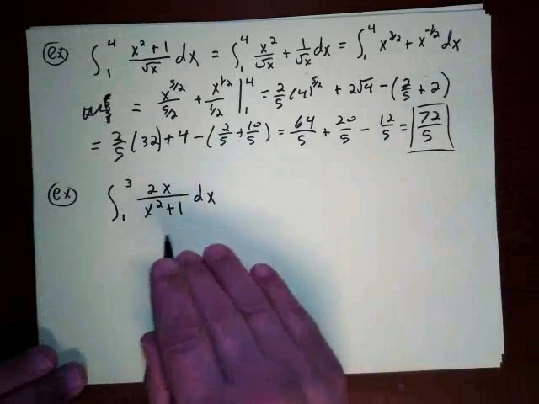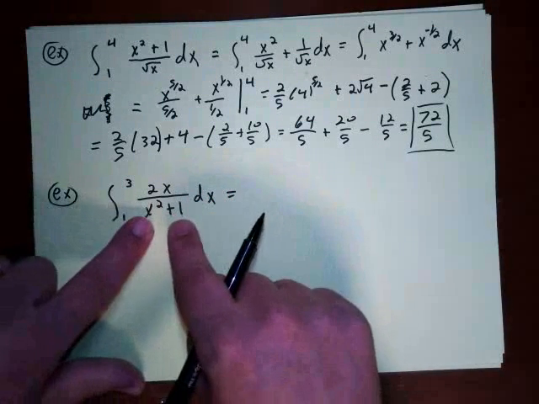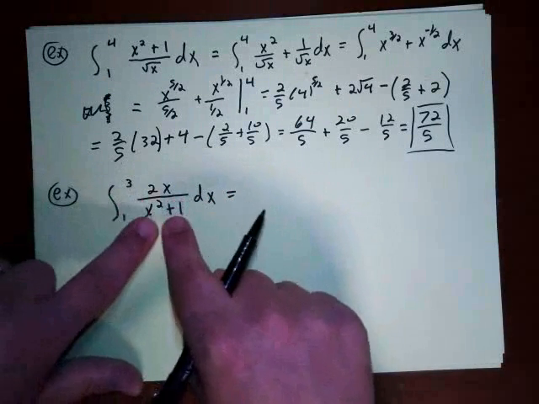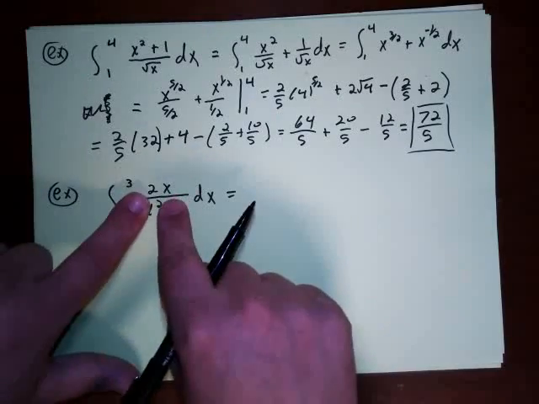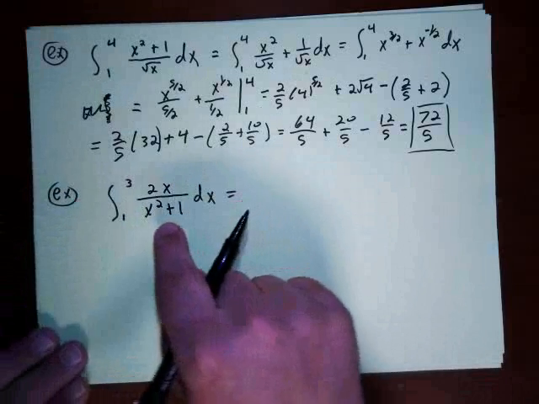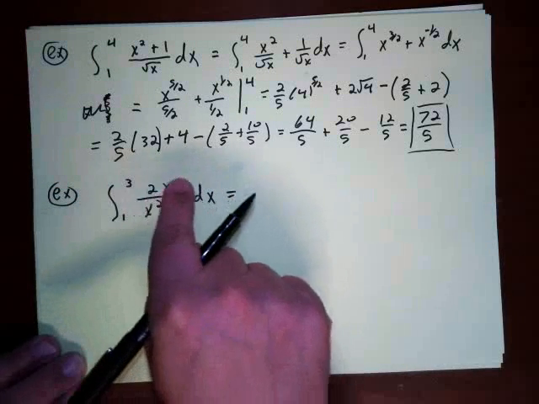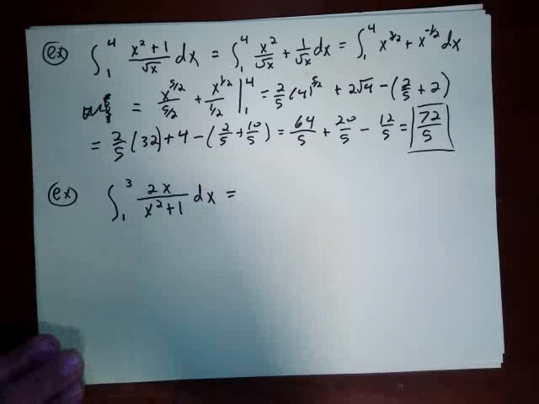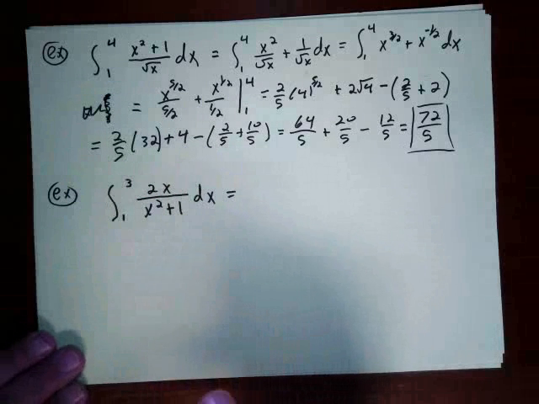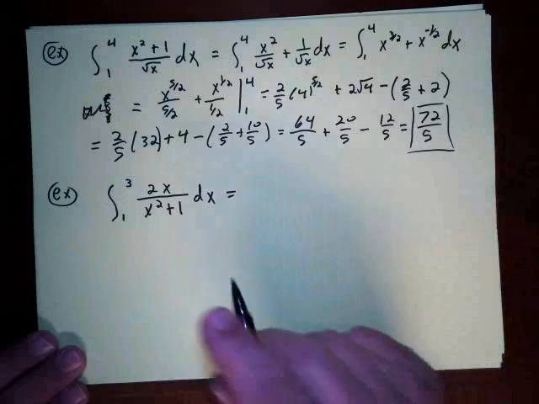Okay, now this one here, I can't split a denominator up over a common numerator. Don't make that mistake. What I notice about this one is if I take the derivative of the bottom, I would get 2x, and I get that on top. When we talked about the substitution rule, we learned the natural log rule, or log sub rule, whatever we want to call it.